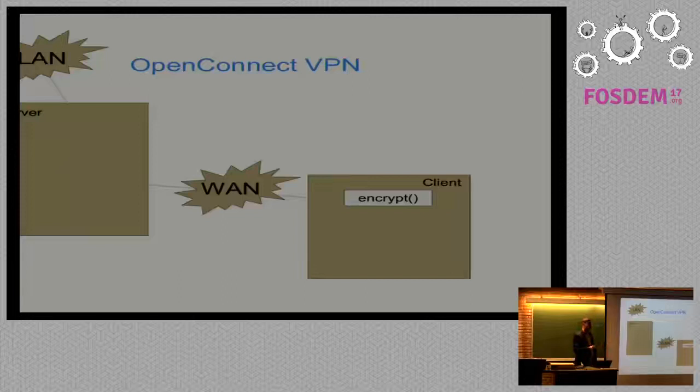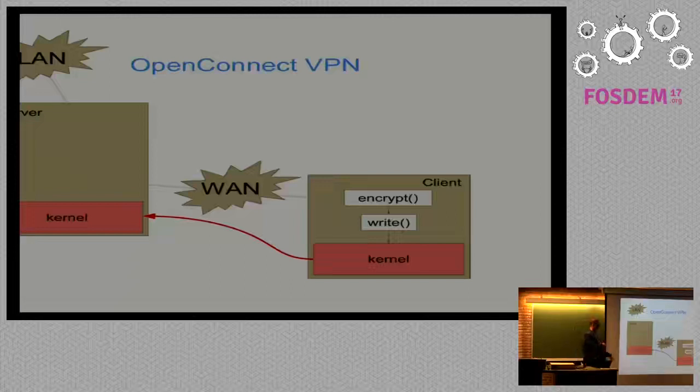Once we have the TLS record or DTLS record, we write this record into the kernel. The kernel then transparently sends this record to a remote server, and it uses the media that is used for the communication.